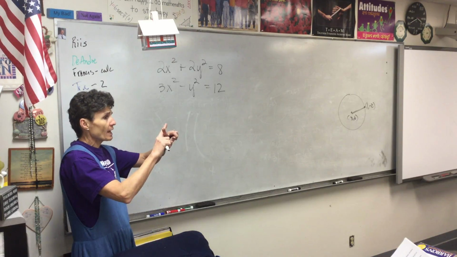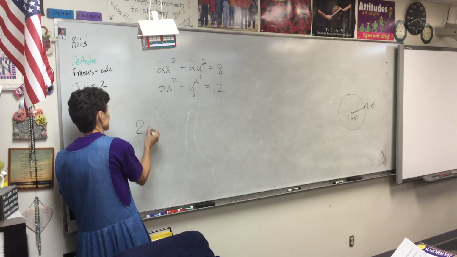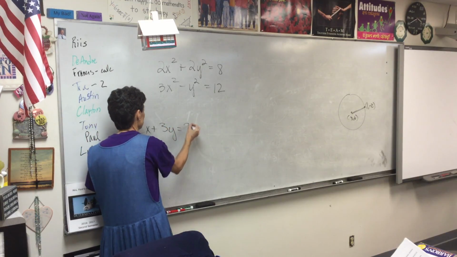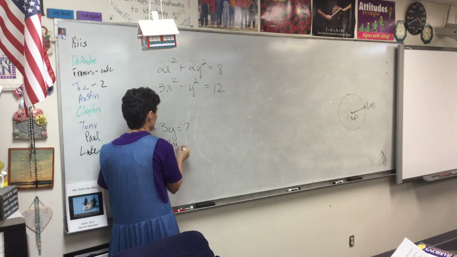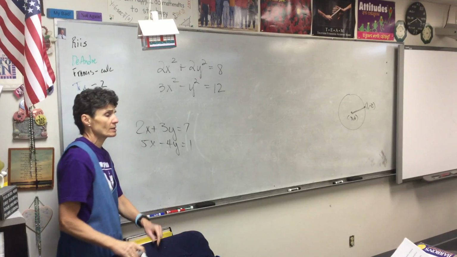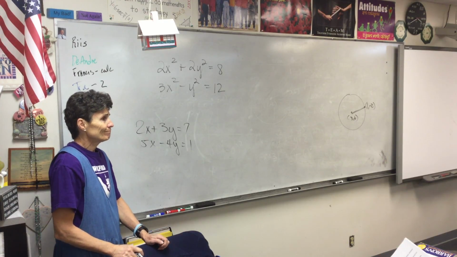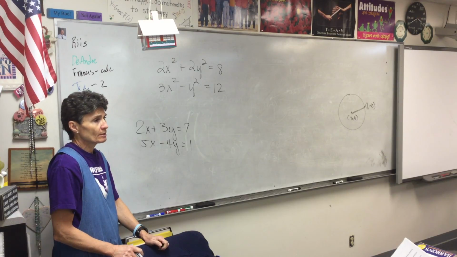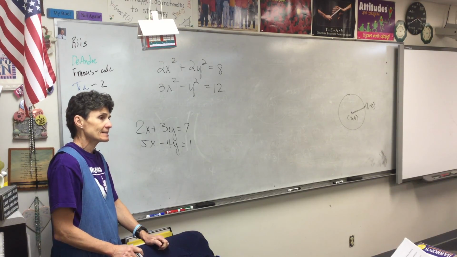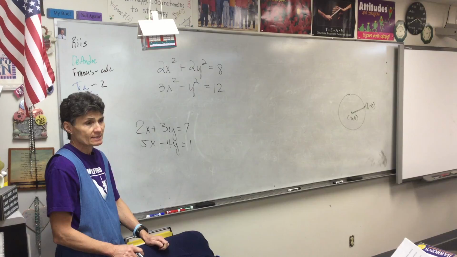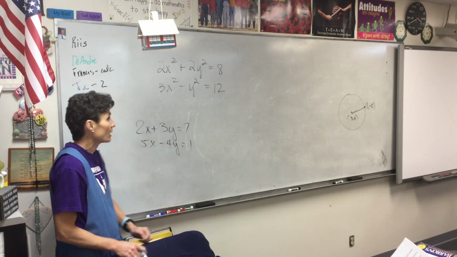How did you figure out where lines crossed each other? When I gave you 2 lines, like 2x plus 3y equals 7 and 5x minus 4y equals 1, how did you figure out where they crossed? Substitution or elimination. That's how we find what points they have in common.